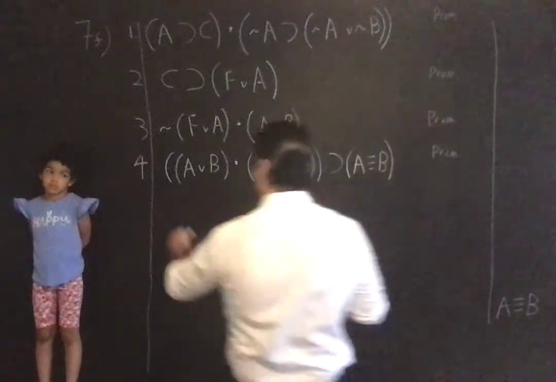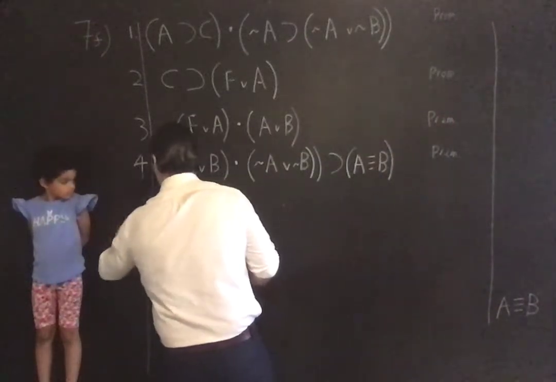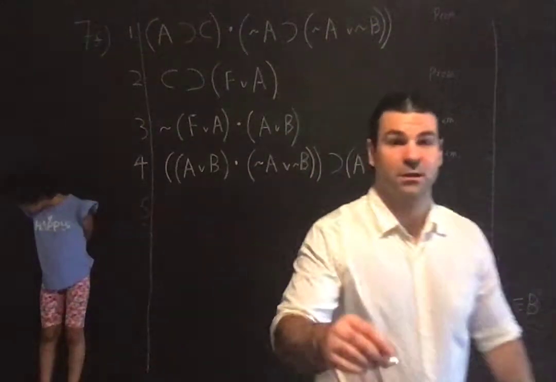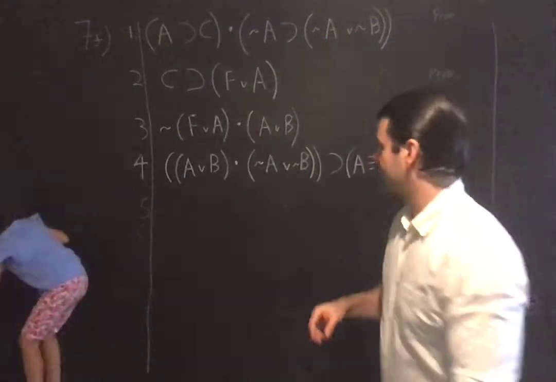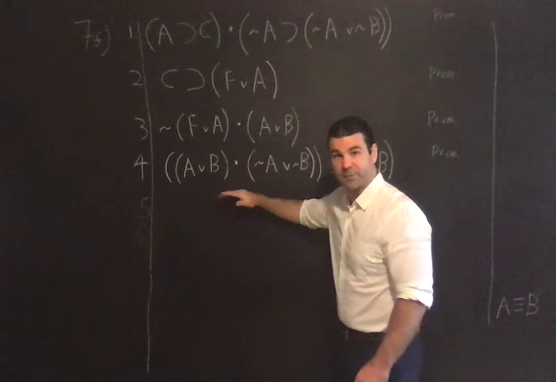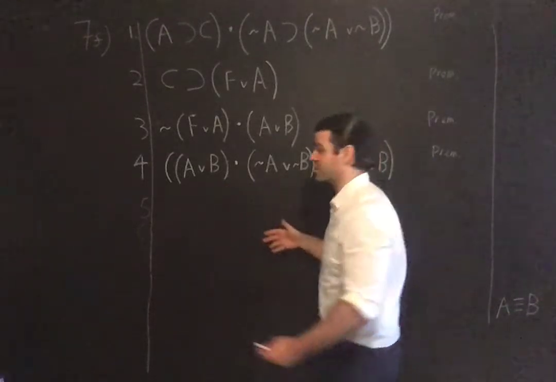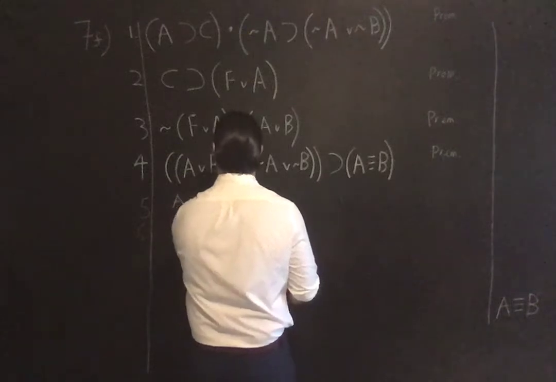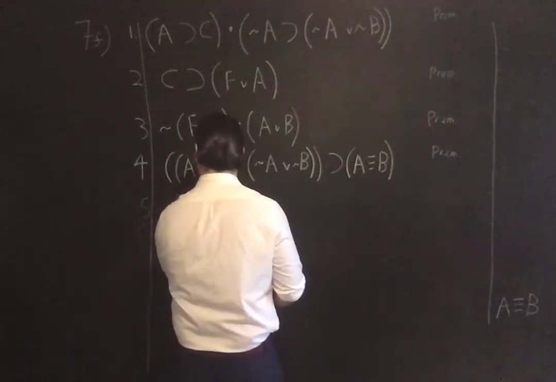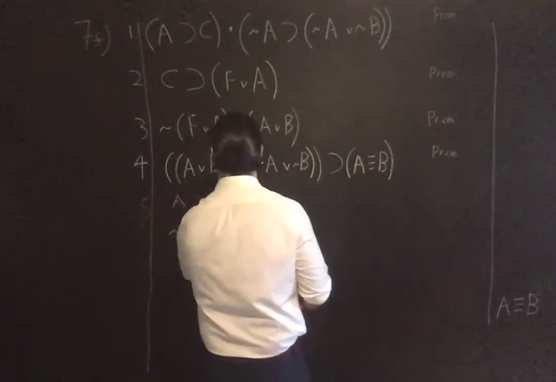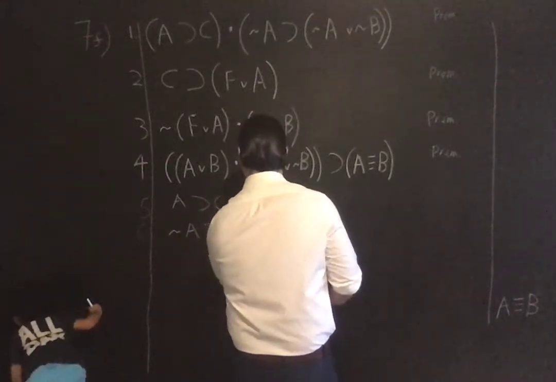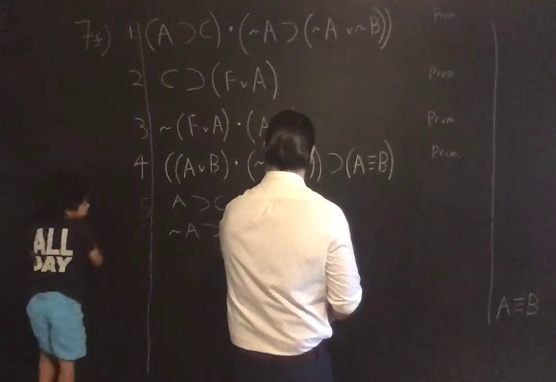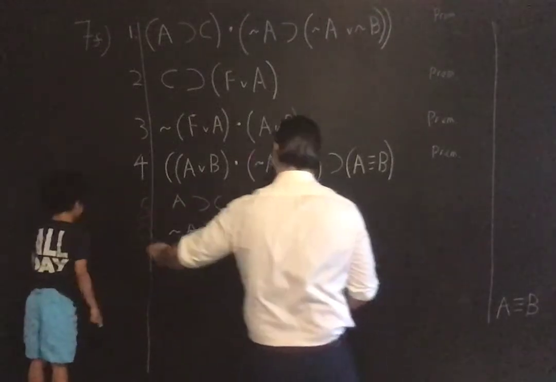Okay? So, whenever you've got a conjunction like that, you should be habit, you just simplify both conjuncts, right? So I've got A, hook C, and now this one, not A, hook, brackets, not A or not B, I know over here.